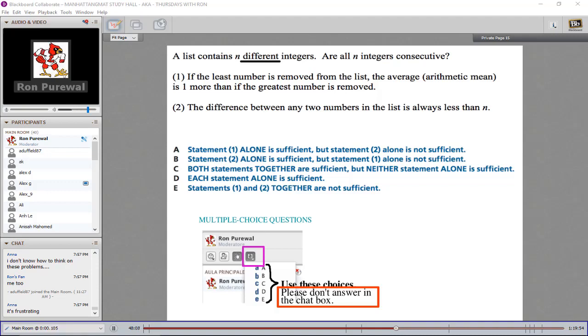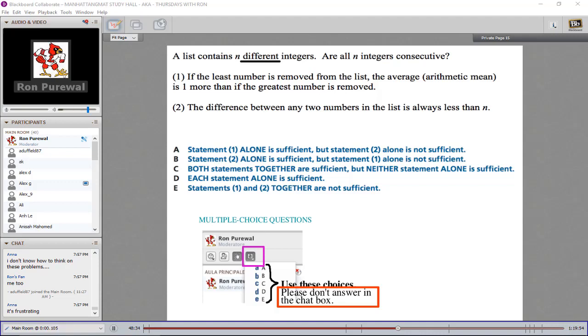Okay, let's talk about it. Well, we have n different integers, and we want to know if they are consecutive. So, really, the question is not super hard to understand, right?